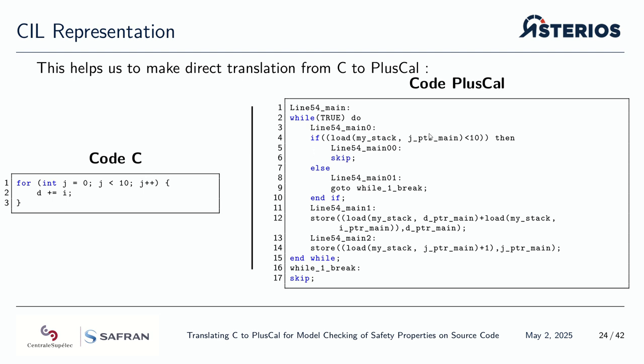If the j variable is lesser than 10, we will skip, so we will continue the core of the loop. If it is not the case, we will go to the while break label that is after the while loop. So that will simulate the loop condition and how we go outside of the loop. And then here it is just the core of the loop, directly translated into PlusCal.